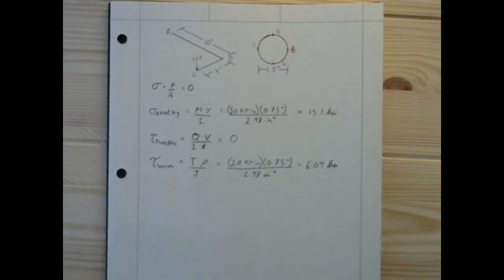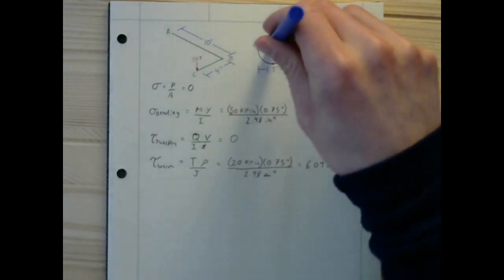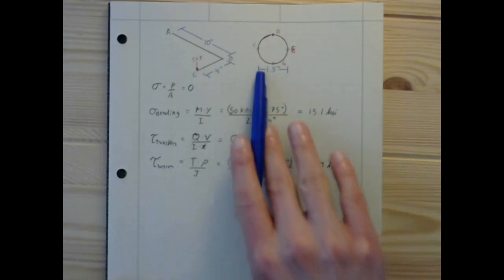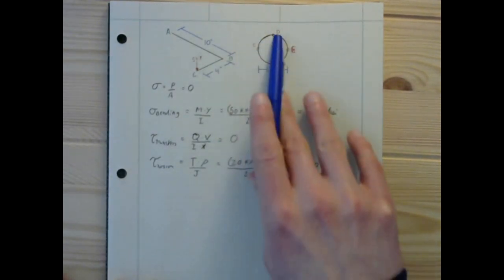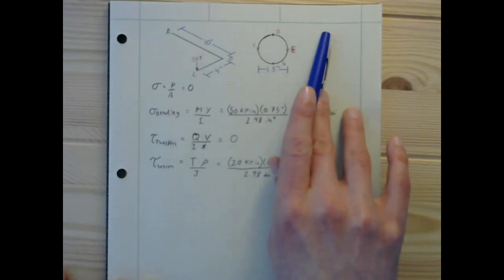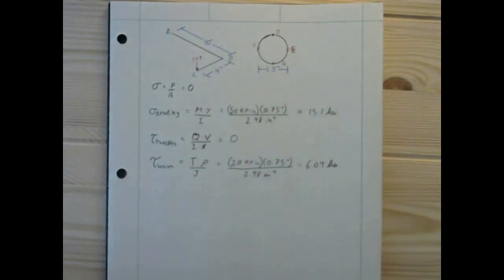Now, when we're looking at the torsion stresses at point D, do note that because this is torsion and we're looking to induce moment about the z-axis, which is to say about the center of this, there's a little twist, that means that the shear stress here is not going to be in the y direction. It's not going to be up and down at point D. It's going to be side to side, because that's how we're going to induce moment.